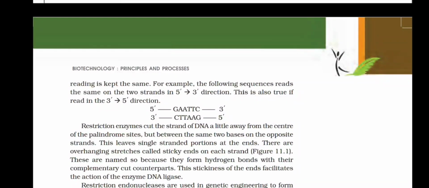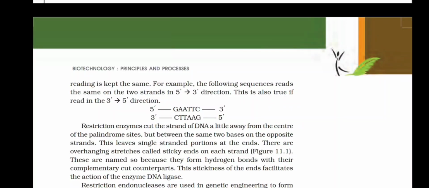Now I'm going to teach you how to know in what exact direction we are going to cut. Keep in mind, for example, that the following sequences read the same on two strands in the 5' to 3' direction.